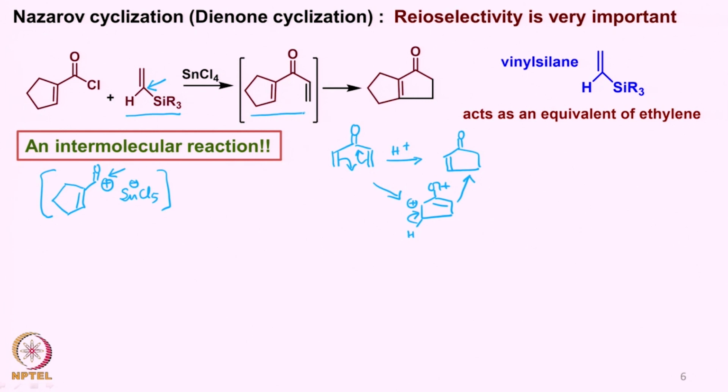Now this intermediate is not a symmetrical intermediate as we have seen here. This is a symmetrical molecule, therefore it does not matter whether the double bond comes in this direction or in this direction. But this is not a symmetrical dienone, and therefore when this continues to be treated with SnCl4, SnCl4 will react with the oxygen here and you have an electrophilic oxygen and then a double bond here.